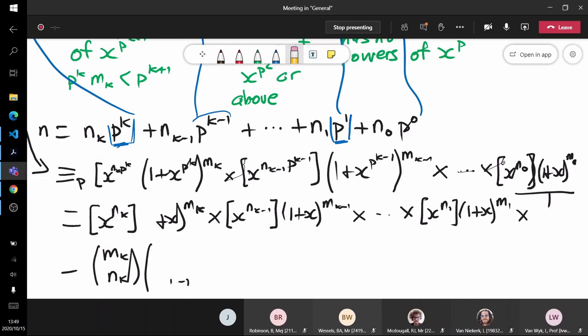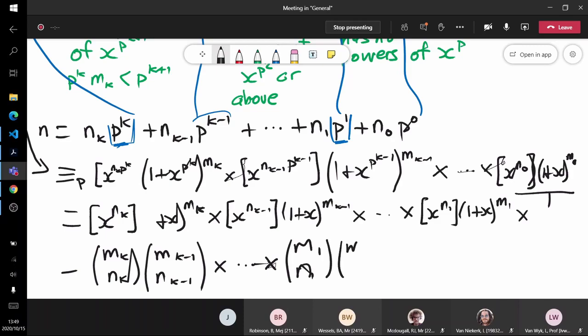I'm going to rewrite that. And each of these terms up until m_1 choose n_1 times m_0 choose n_0.